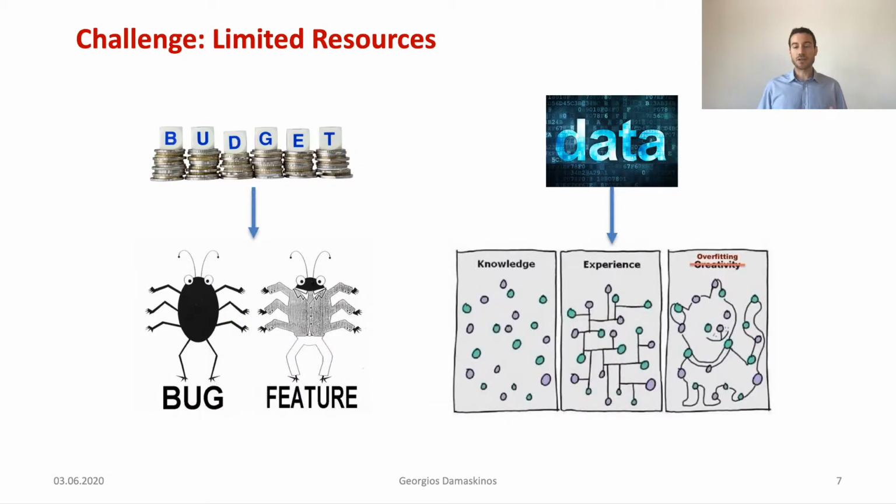Adding up to this non-robust initial ranking, these two factors of the newcomer come into play. You have limited budget, in the sense that this newcomer doesn't have a large engineering team that can implement hundreds of algorithms and tune them and test them and so on.